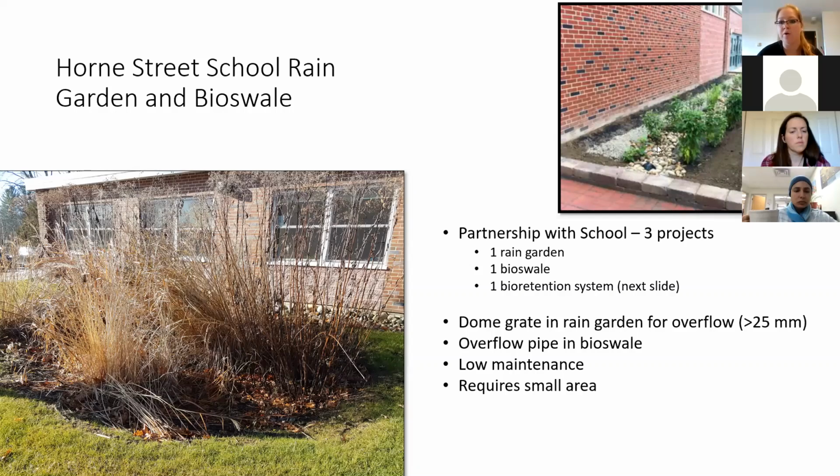And there are also overflow pipes installed in the bioswale. So they did put some engineering efforts into the construction of these systems. These systems are relatively low maintenance, other than maybe some weeding and some replanting, and they require very small areas.